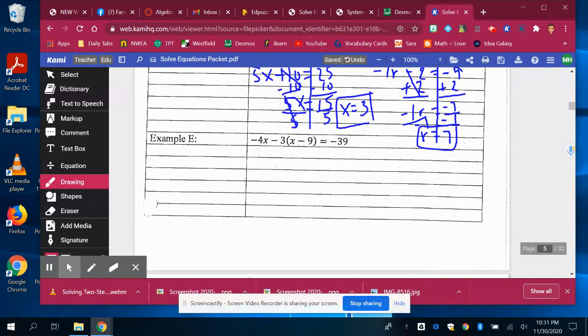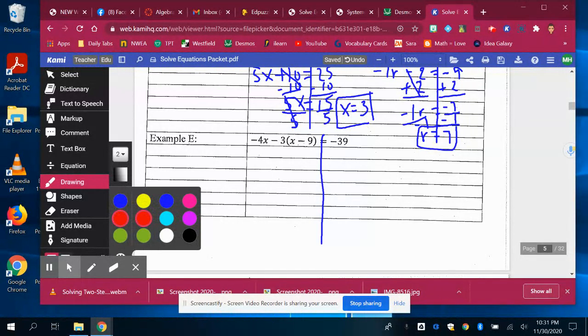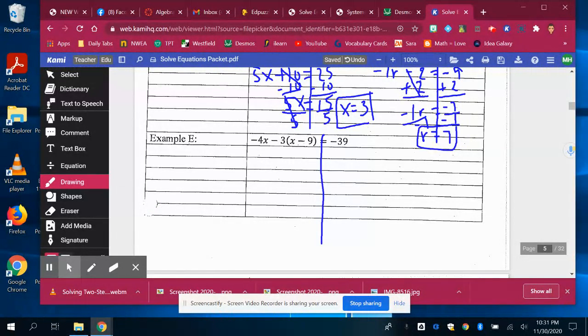Next, example E. It's a few more steps because I notice I have the distributive property and a variable term, negative 4x. So first I need to, and I'm going to change colors here so you can see this, first I need to distribute this negative 3.